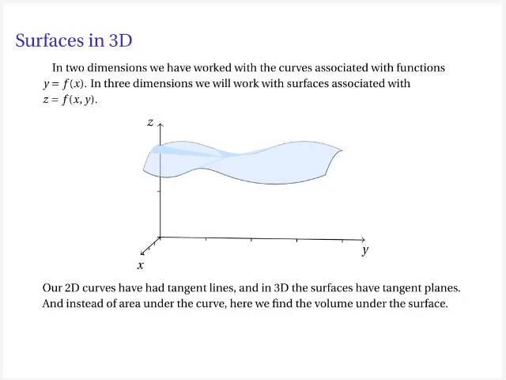In 2D, we work with curves. We draw x-y axes, and we get a kind of random curve. In 3D, we're going to work with surfaces. So I drew a random surface here. It's a little harder in 3D to draw a random surface because you've just got more going on. And I want to emphasize that this is a 3D picture, so I'm going back to 3D. It's too many buttons for me to push, I apologize.